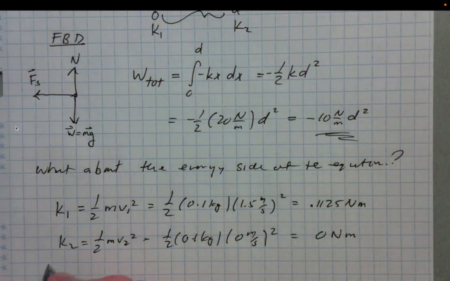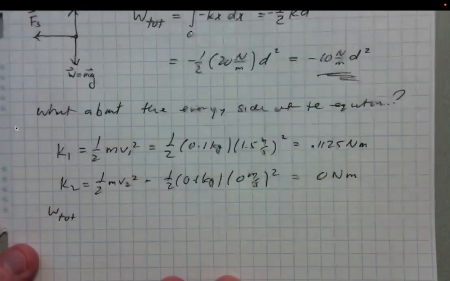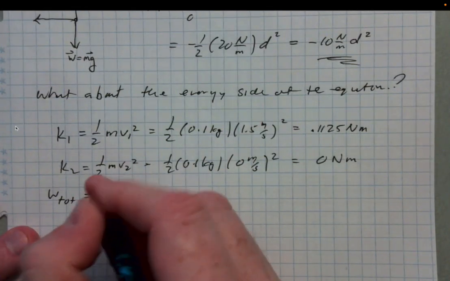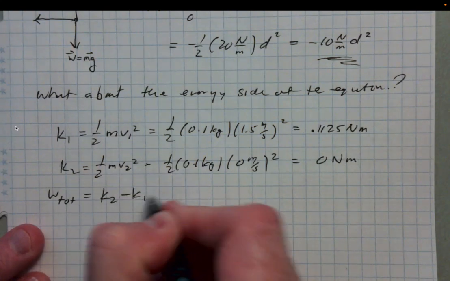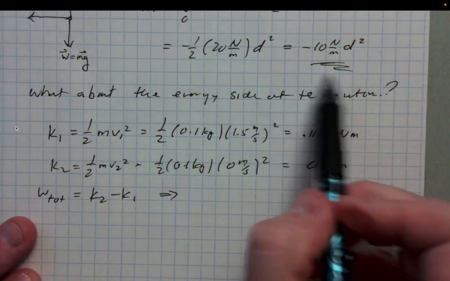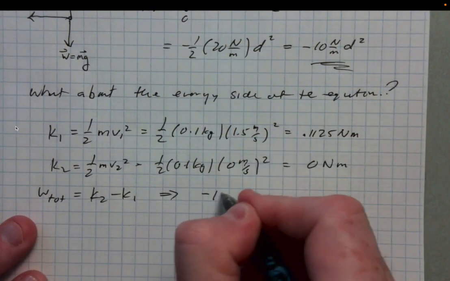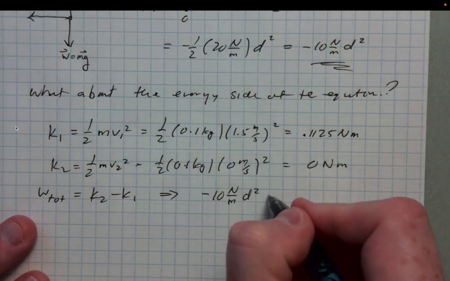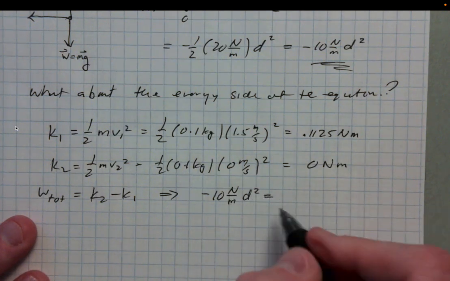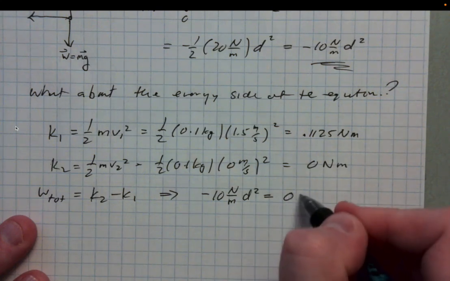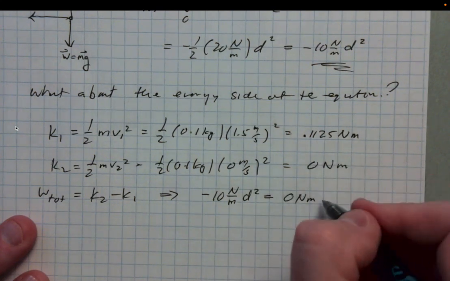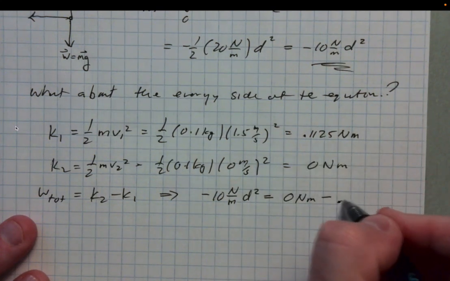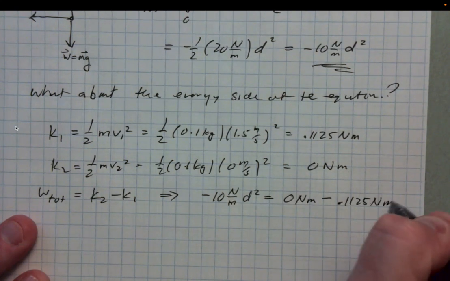Okay. So then just using the work energy theorem, we have W total equals K2 minus K1. And so the implication there is that W total is this thing, negative 10 newtons per meter times d squared. And that's going to be equal to K2, which is 0 Newton meters, minus K1, which is 0.1125 Newton meters.